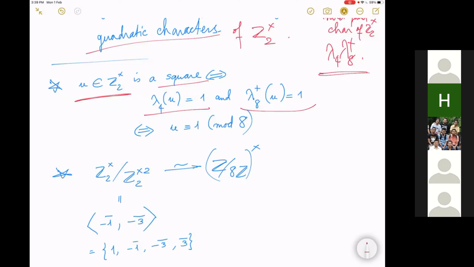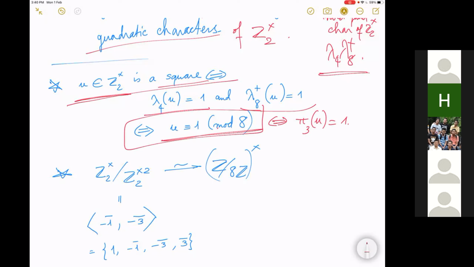And these two conditions turn out to be equivalent to U being congruent to 1 modulo 8. And of course, if you recall this notation pi 3, then this just means that pi 3 of U is equal to 1. So that's just another way of saying the same thing. What needs to be proved is that it's a square if and only if it's congruent to 1 modulo 8. That needs to be proved.